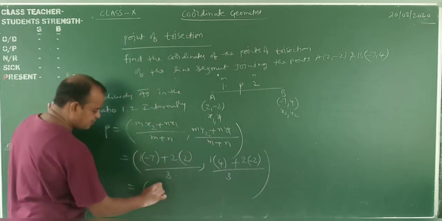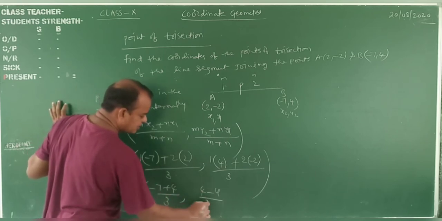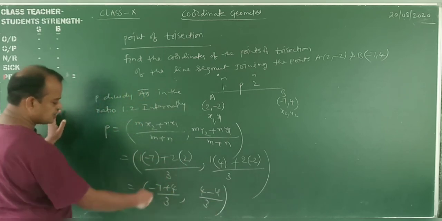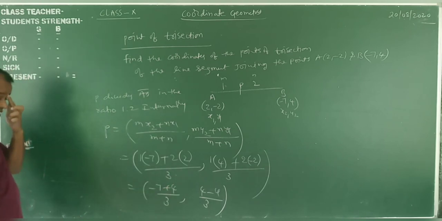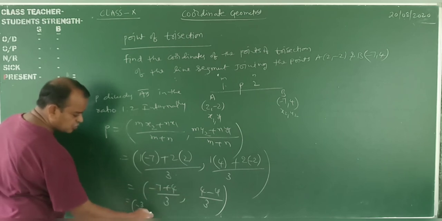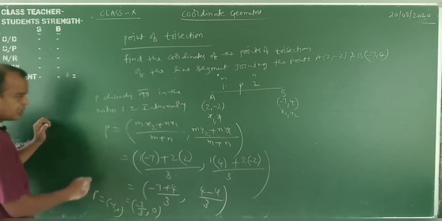That is (-7 + 4)/3, (4 - 4)/3. 1 into 4 is 4, 2 into -2 is -4. So (-7 + 4 - 3)... -3 by 3, comma 4 minus 4 is 0, by 3 means 0. That equals (-1, 0). One point is this one.